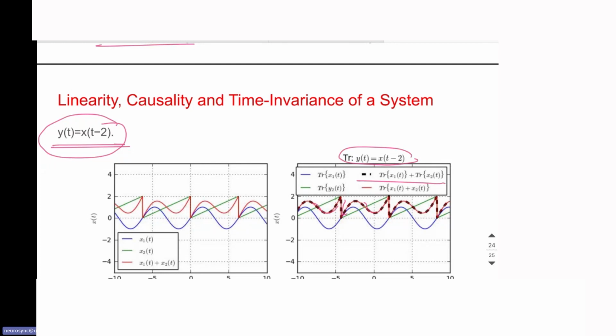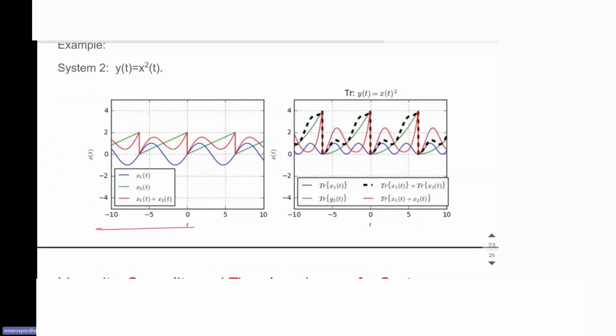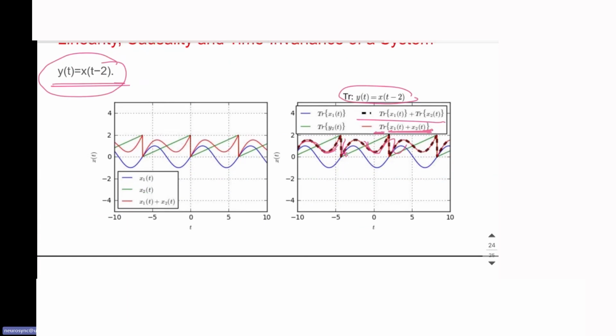And if I apply the transformation on the addition of both signals, you will get this red curve here. And both the curves are overlapping. But in the previous case, you can see this black curve is not overlapping with the red curve. Okay. So we can say that this system is also a linear system, right?